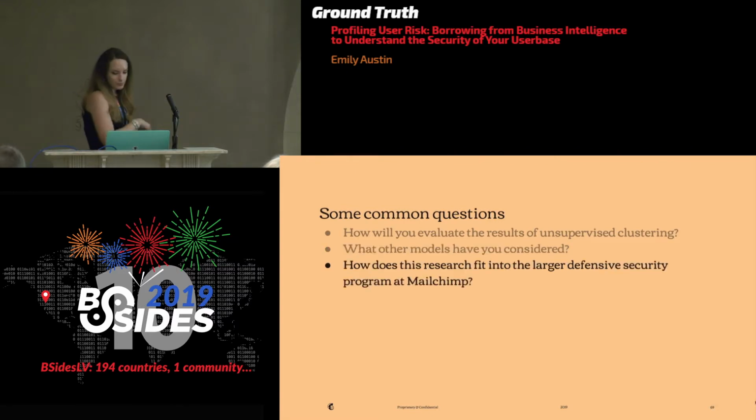And I think this is really the crux of this whole thing: what is the point of this, and how does this actually fit into the defensive security program at MailChimp? Like, how does this fit into what you already have?